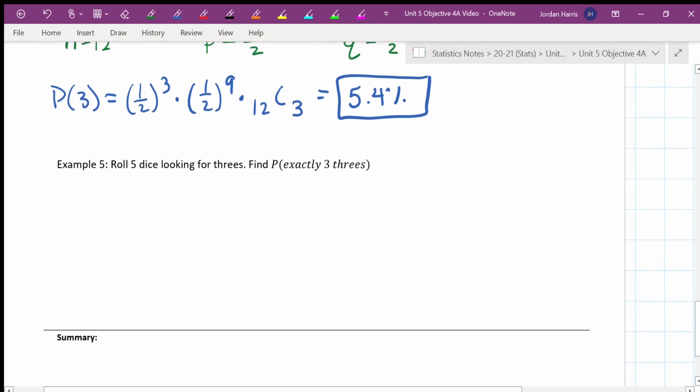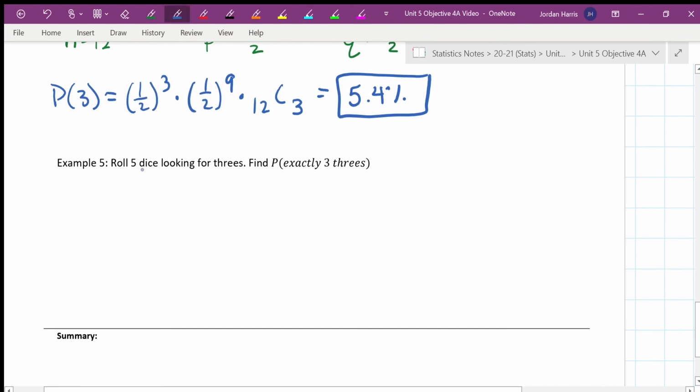Okay. Example 5. Roll 5 dice looking for 3s. Find the probability of getting exactly 3 3s. So define n, p, and q first. n is 5 because I'm rolling 5 dice. Probability of success, I'm getting a 3. Well, 1/6 chance of getting a 3. Failure is getting anything else. So 5/6 chance of getting anything else.